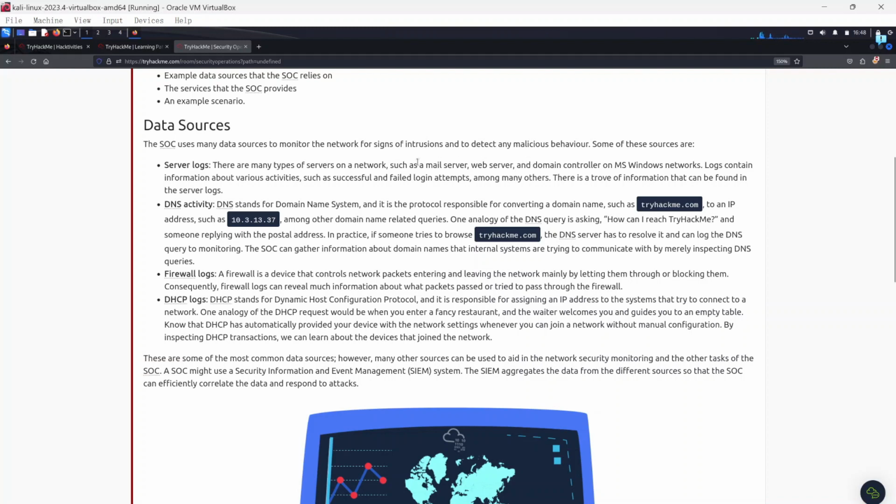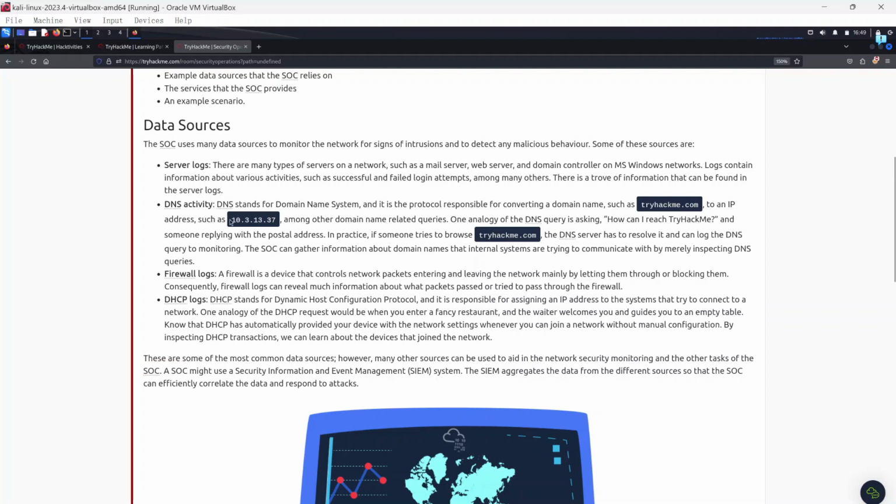Some of these sources are: 1. Server logs. There are many types of servers on a network, such as mail server, web server, and domain controller on Microsoft Windows networks. Logs contain information about various activities, such as successful and failed login attempts, amongst many others. There is a trove of information that can be found in the server logs.